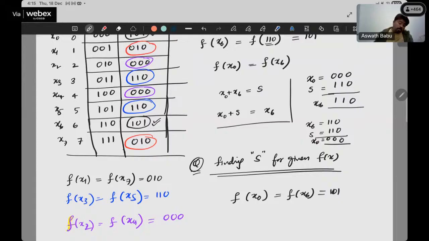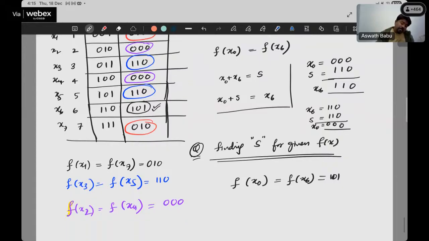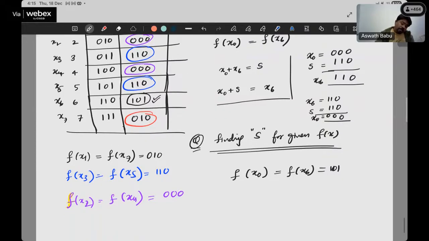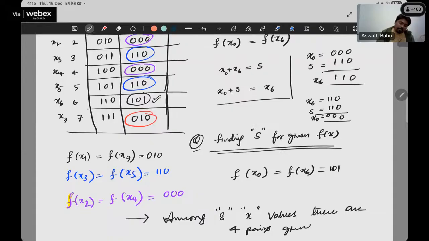Among the 8 x values, there are 4 pairs giving the same f of x.